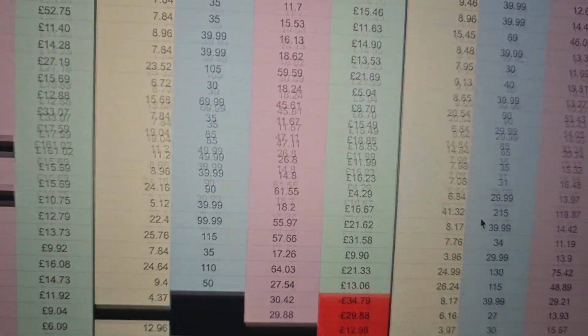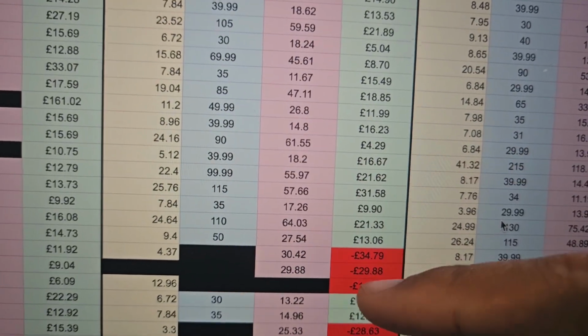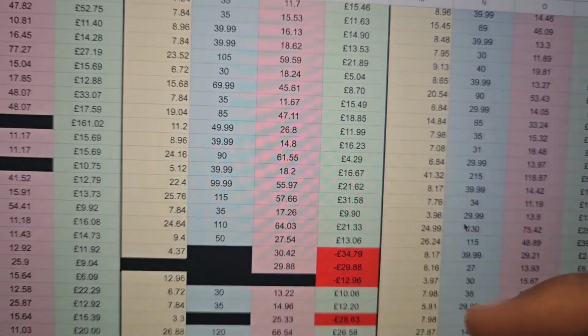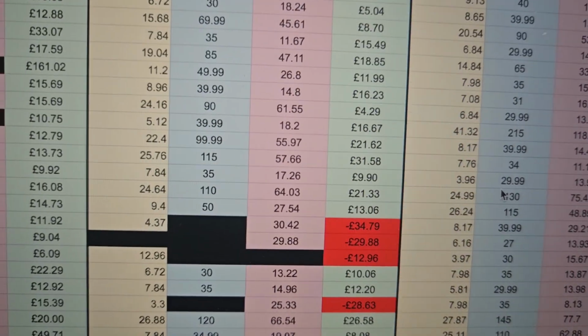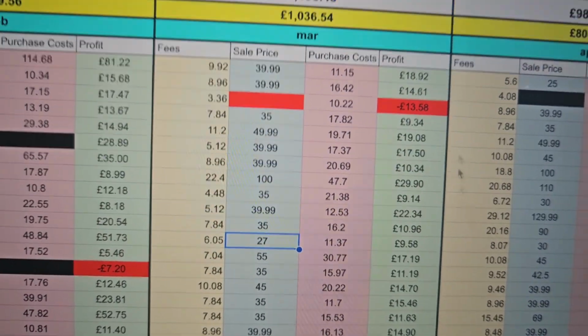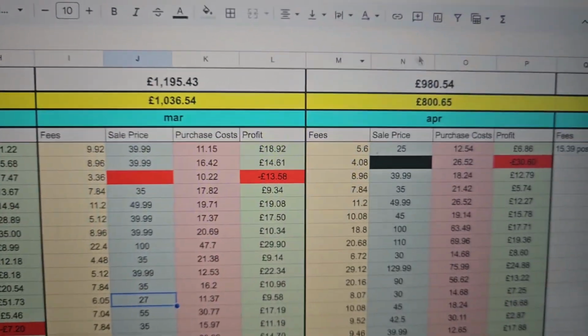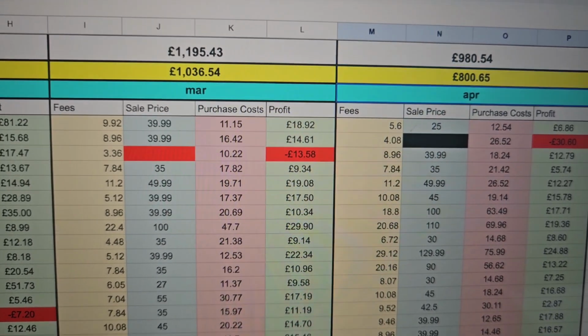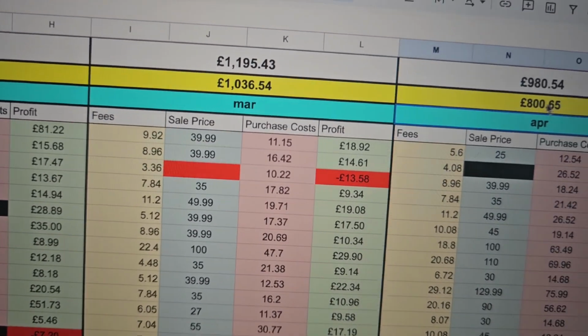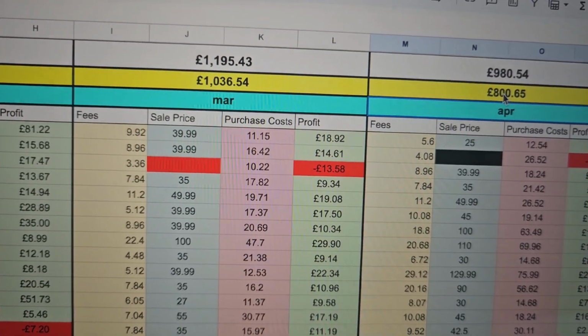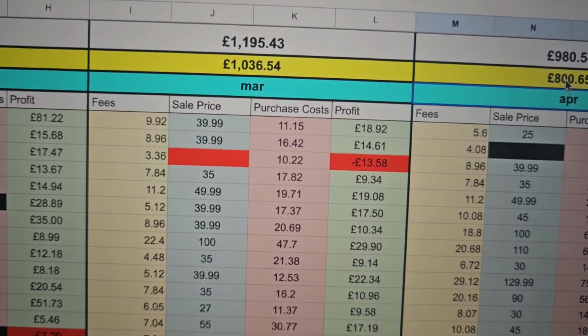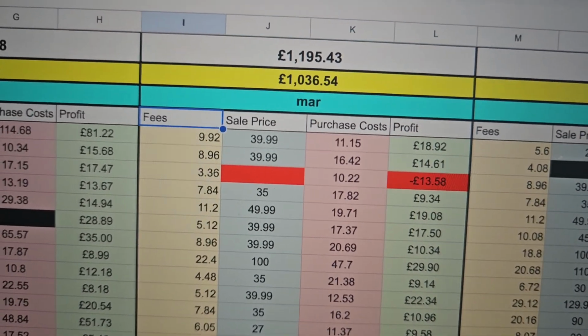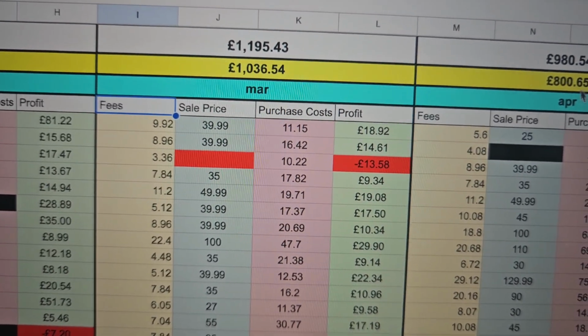And of course, some of these figures are negative because of returns. And this is a real risk with running this business that can always happen. But now that I've outlined that, I want to make it more clear that you need to look at these profit figures. Now, these figures over here show a decent amount of revenue. And like I say, at the minute I'm about four or five grand in revenue.